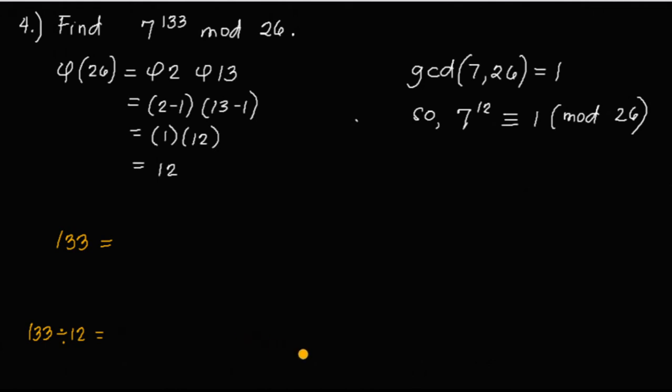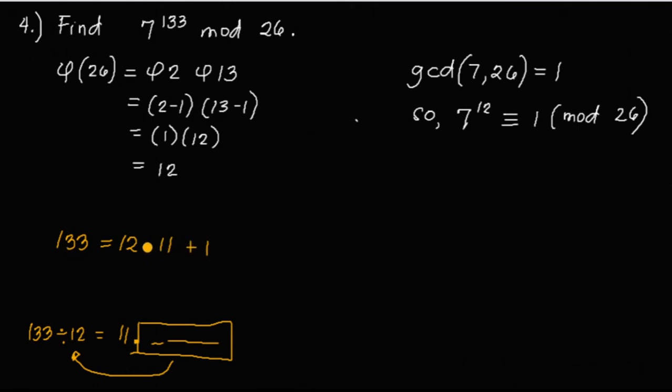Yun yung tinuro ko sa inyo nung nakaraan. So, kukunin nyo lang yung 12, and then, syempre, times yung 11, di ba? And then, para hindi na kayo paulit-ulit sa calculator, tinuro ko sa inyo, 11 point, some decimal part here, di ba? So, ibawas nyo lang yung 11 para matira lang ay yung decimal part, and then, i-times nyo yon sa 12. Okay? And that will give us an answer of 1, meaning ang remainder natin ay 1.